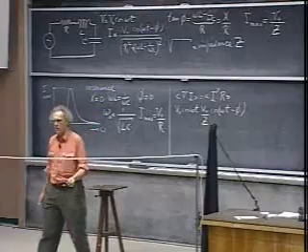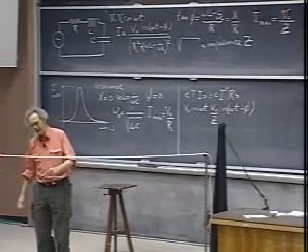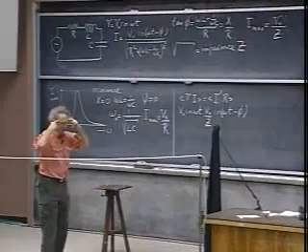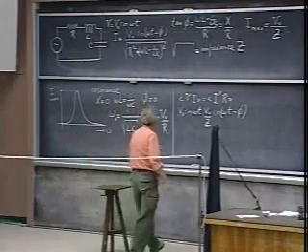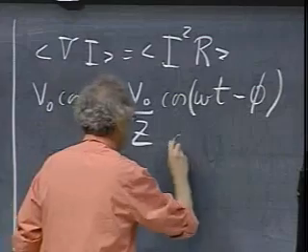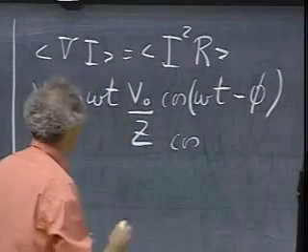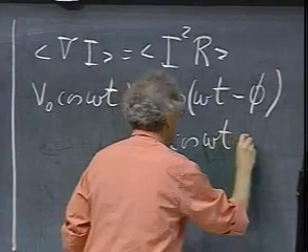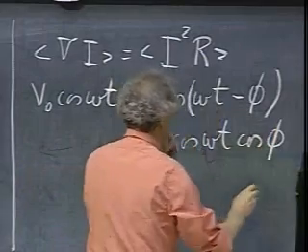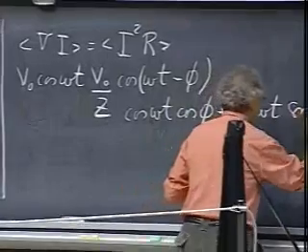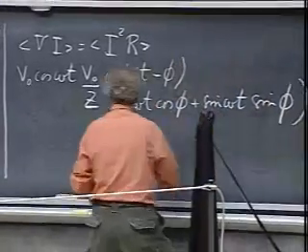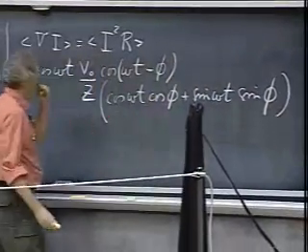Cosine of alpha minus beta is cosine alpha cosine beta plus sine alpha sine beta. That was drilled into my memory. I will never forget that, I think. And so I will write down here, my math teacher will be proud of me, cosine omega t cosine phi plus sine omega t sine phi. So this is this term.